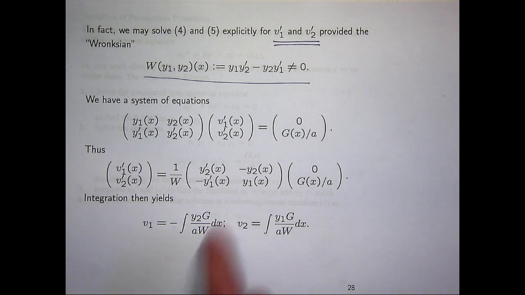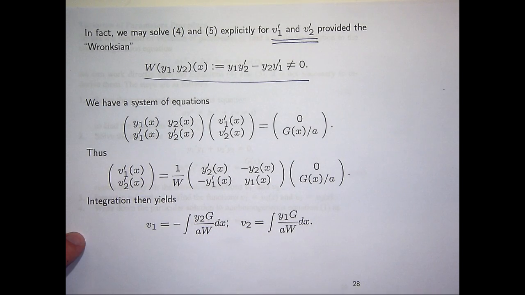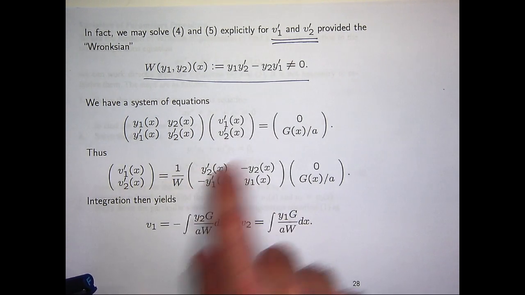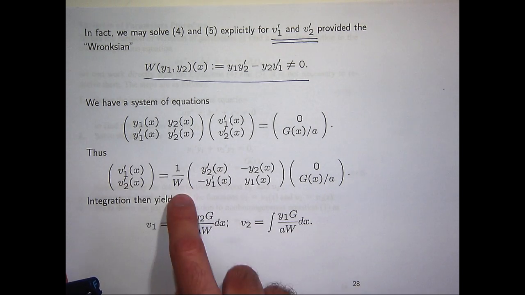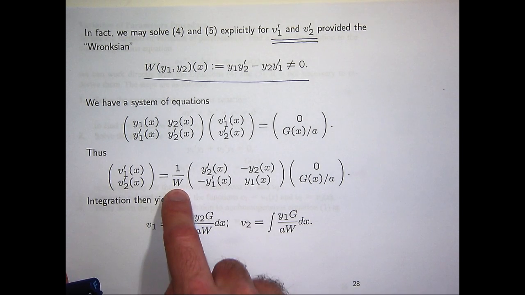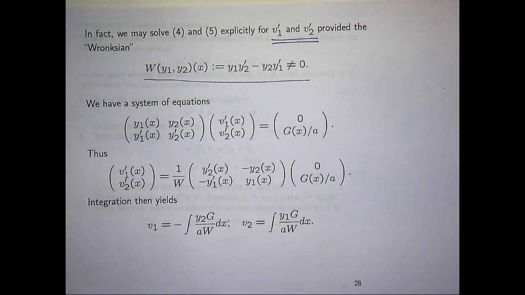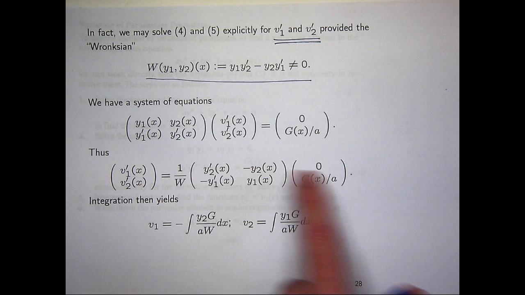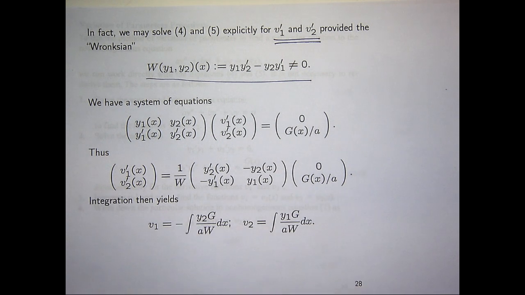Here I've calculated the inverse of this matrix. This problem will have a solution if and only if this Wronskian, this determinant, is non-zero, right? So I can calculate v1 prime from expanding this, v2 prime from this, and then integrate.